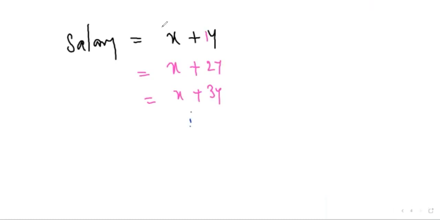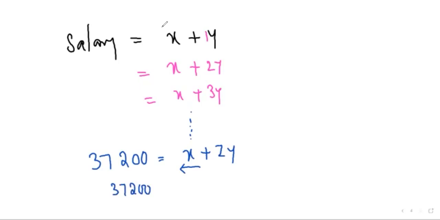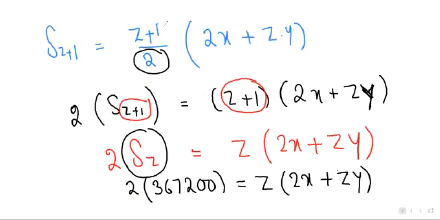So after some years, z years, for this time after z years, the salary reached 37,200. So we can move x to the right hand side. It would be 37,200 minus x, which is zy. So now we can replace zy by this factor here.